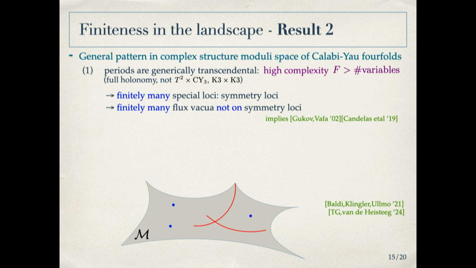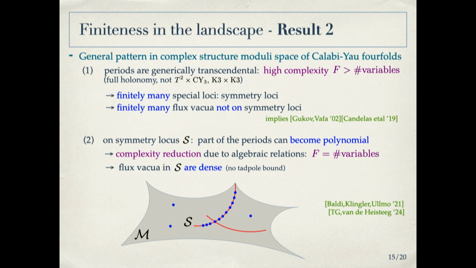On such symmetry loci, actually, the periods can reduce their complexity, become polynomials, algebraic functions, and the flux vacua, if I don't impose the tadpole bound, are dense. So now the picture of the moduli space is really that you have these symmetry loci inside them, and on these symmetry loci, there is a dense set of vacua if you don't impose the tadpole bound.